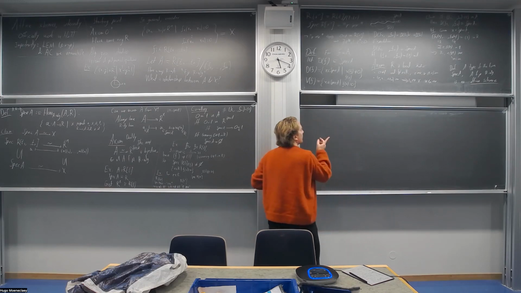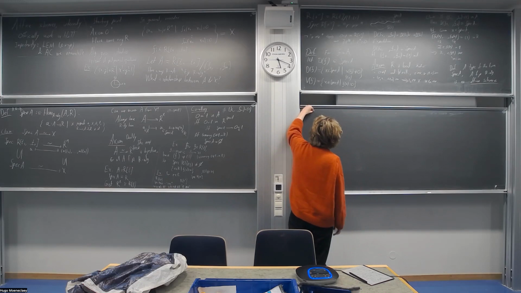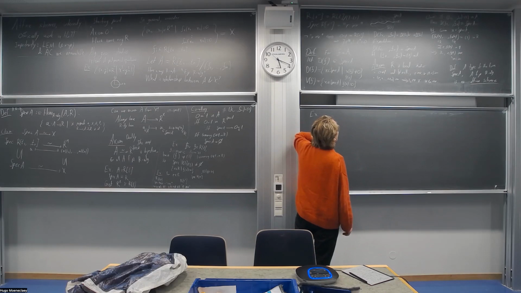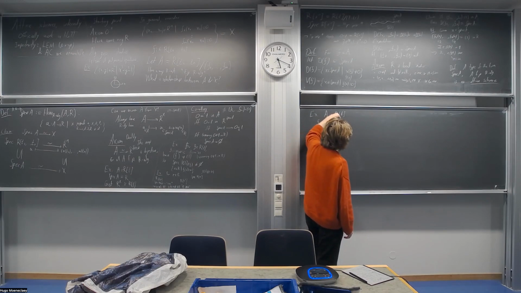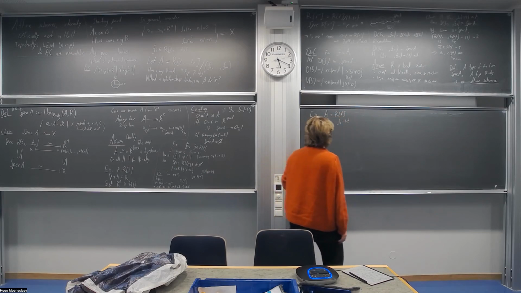I wanted to give one example of this. Let A again be the one-variable polynomial ring. Consider the two polynomials f1 is t and f2 is 1 minus t.